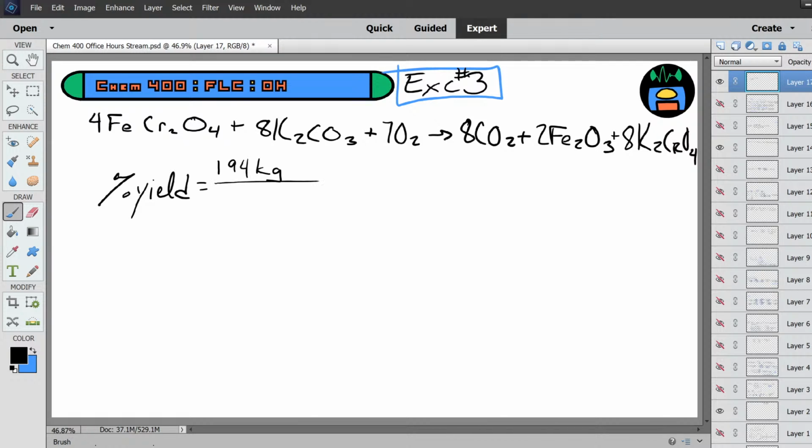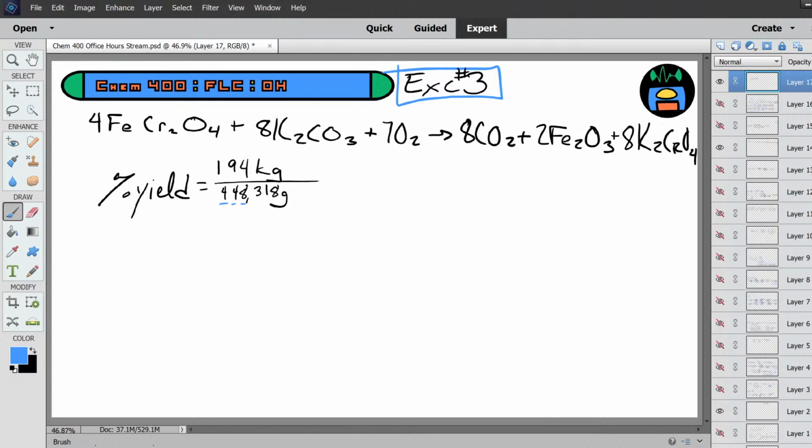Our theoretical, we just calculated as being, hang on, let me pull it up real quick. We just calculated our theoretical as being 448,318 grams. Now, we've got a problem here.